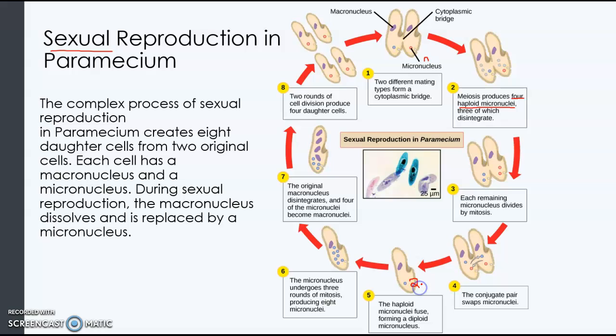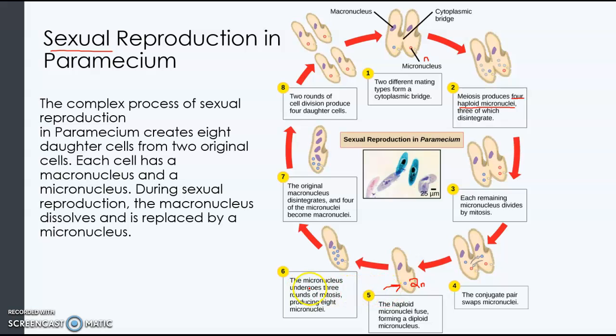It contains a copy of the genes from one of each mating type. So this is actually representing a fused micronucleus. That's 2 of the micronuclei that have fused.